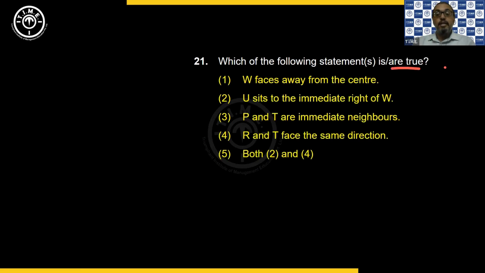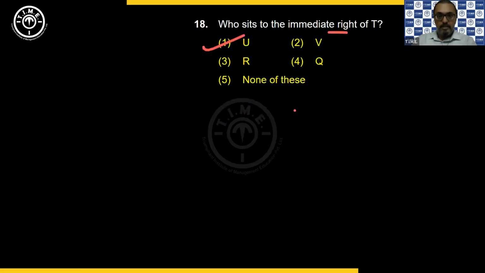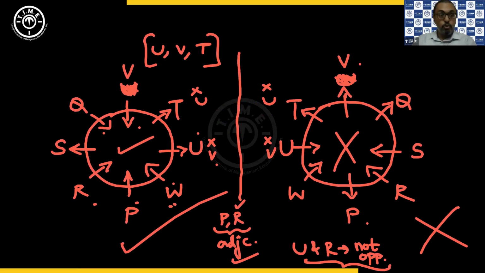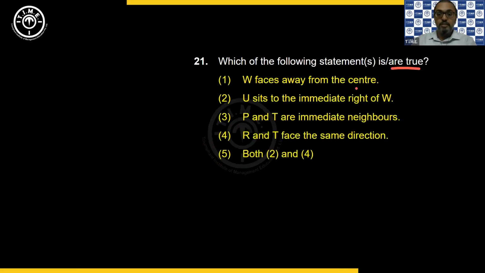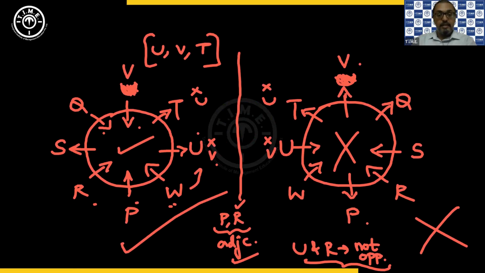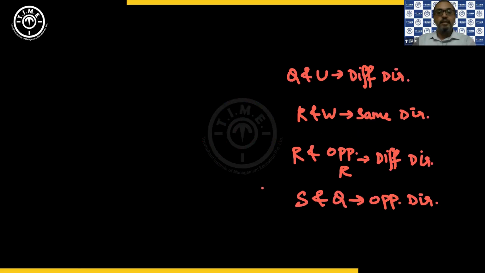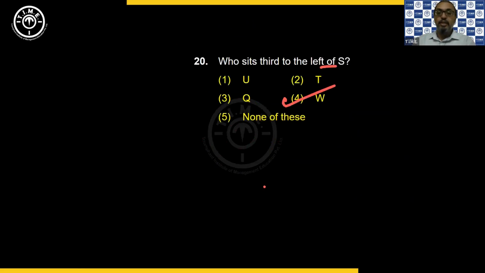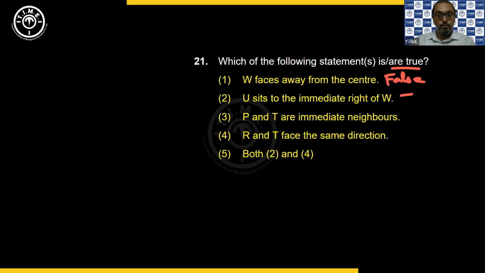Now, which of the following statements is or are true? He says W faces away from the center. Is that happening? No, W is not away from the center. So this is false. I need an option that is true. Now U is immediate right of W. Is that correct? That is correct, because W is facing the center, right is anti-clockwise, and U is in the immediate position of W in the anti-clockwise. So this is true.